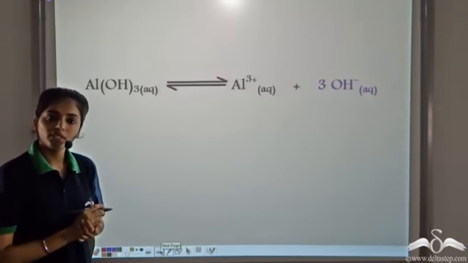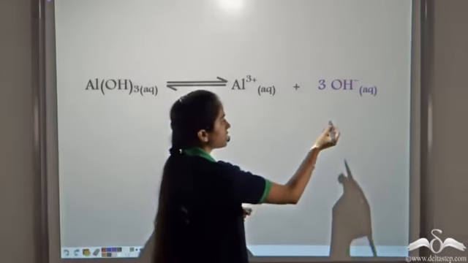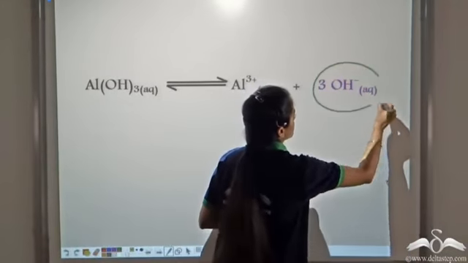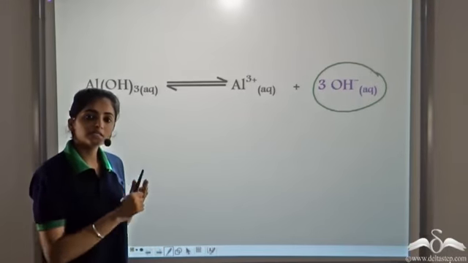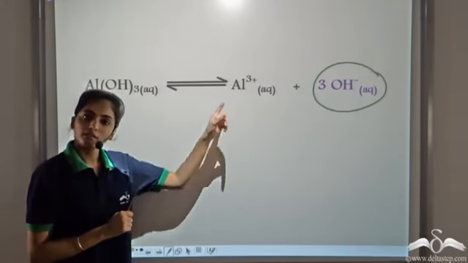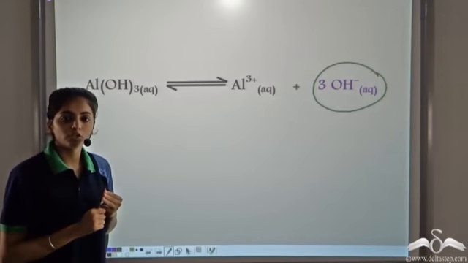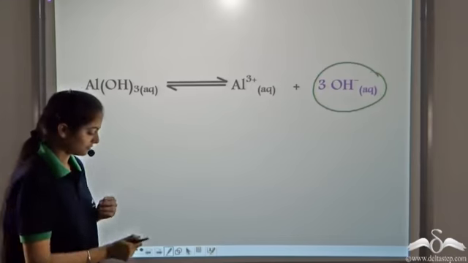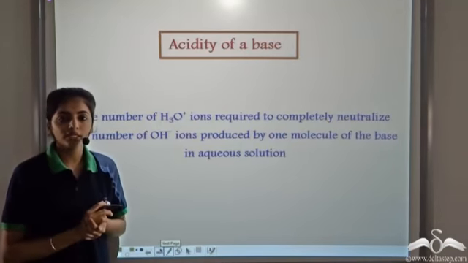If we talk of aluminium hydroxide, on ionization, it produces 3 OH minus ions. So in this case, we need 3 H plus ions to completely neutralize the 3 OH minus ions. So the acidity of aluminium hydroxide is 3. So how do we define the acidity of a base?